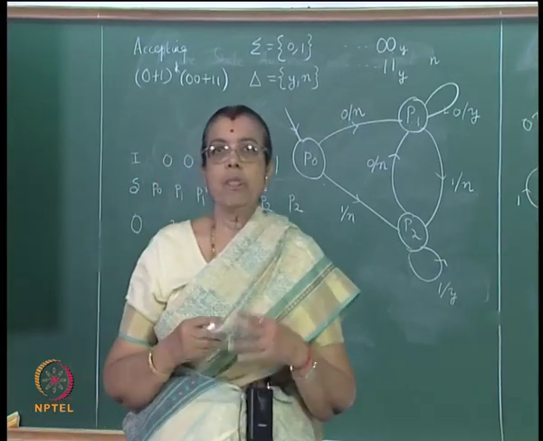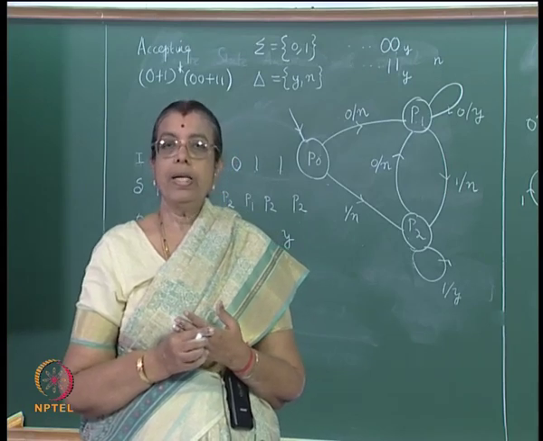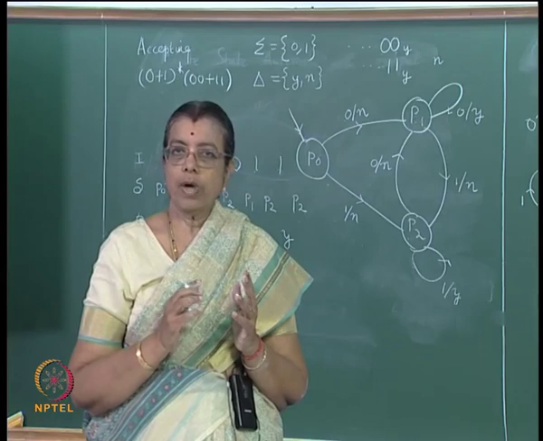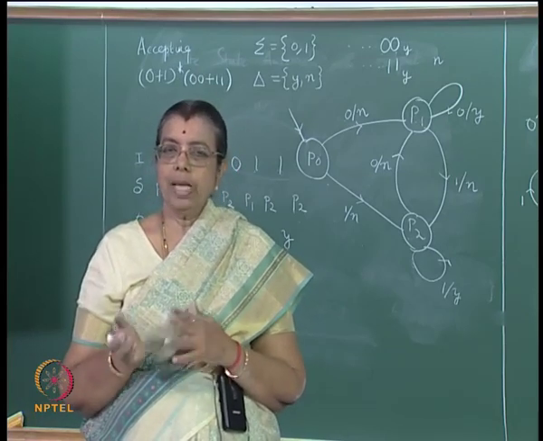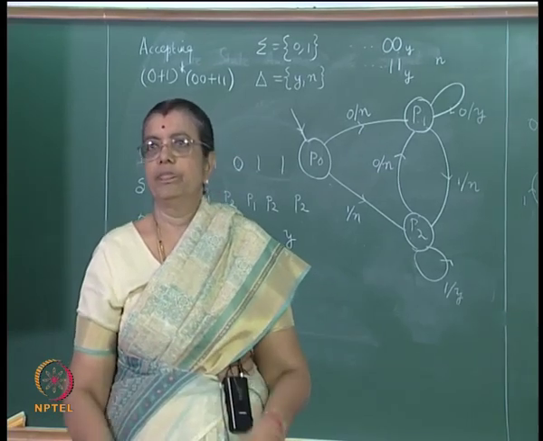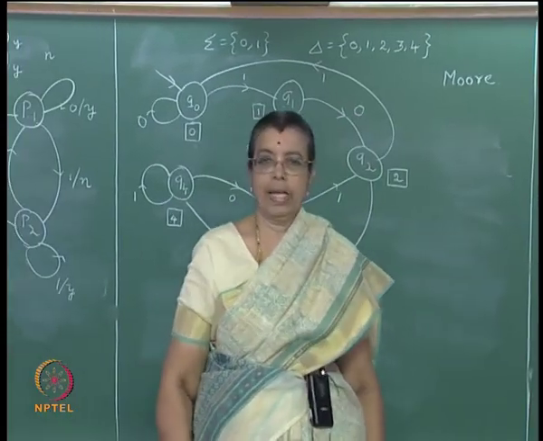So, we have considered both types, Moore machine and Mealy machine. Next, we shall see that they are equivalent. In fact, for a Moore machine, you can construct an equivalent Mealy machine, and for a Mealy machine, you can construct an equivalent Moore machine. Can you say a Moore machine is equivalent to a Mealy machine?